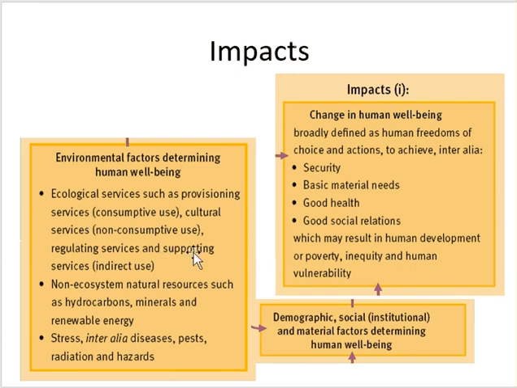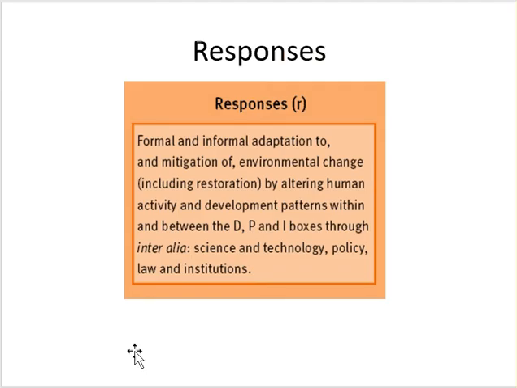It's changes in ecosystem services through demographic and social factors into impacts on human well-being. Okay? So take a look at all of these lists of factors. When you have an environmental issue, then you can take a look at these different factors and decide whether they're relevant in your particular case.